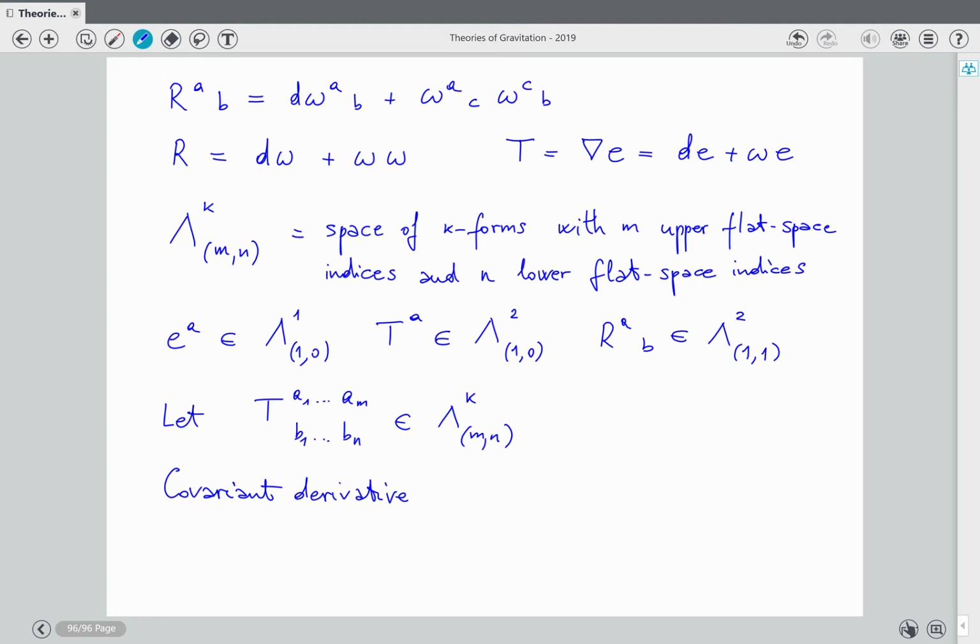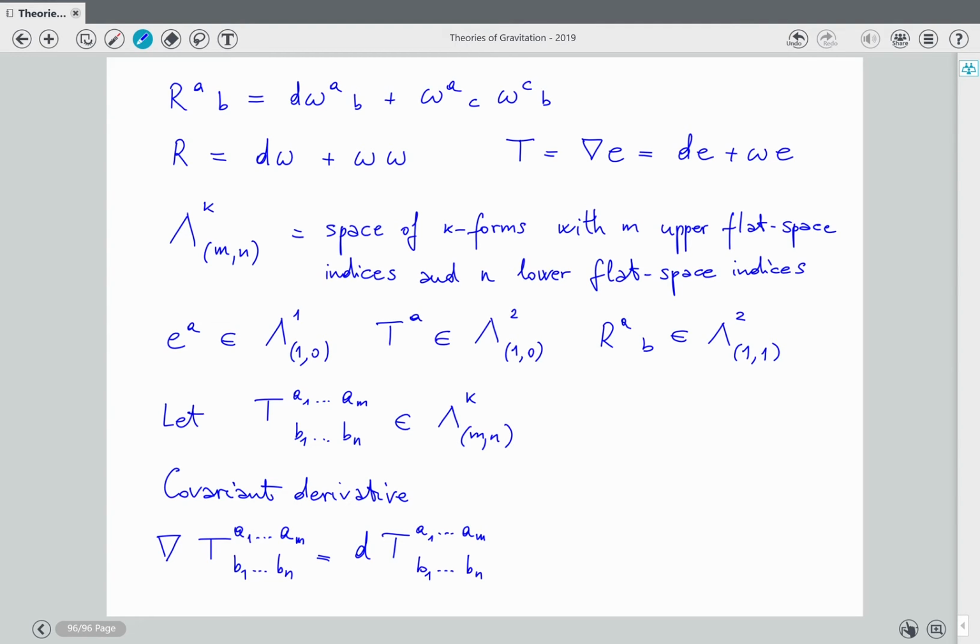But for the moment, let's give the definition, nabla of T A1 AM B1 Bn equals the exterior derivative, that's a form, plus something else.